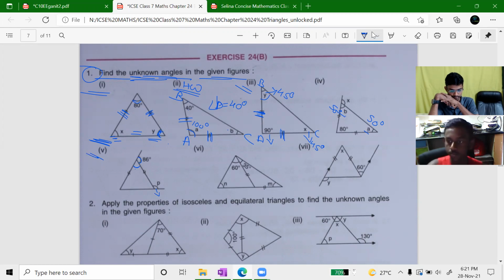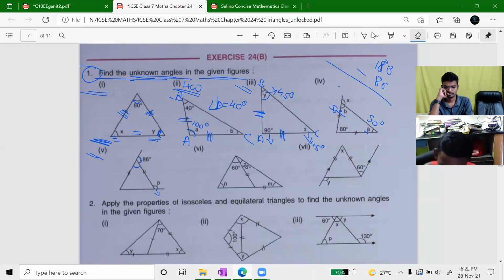114. No, beta. 266? How much? It is impossible.